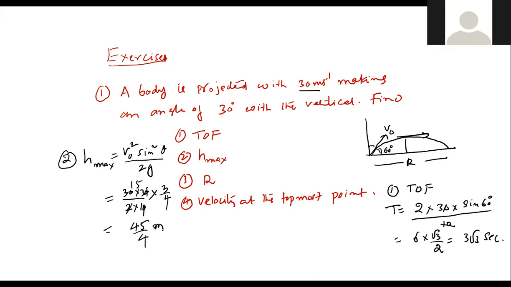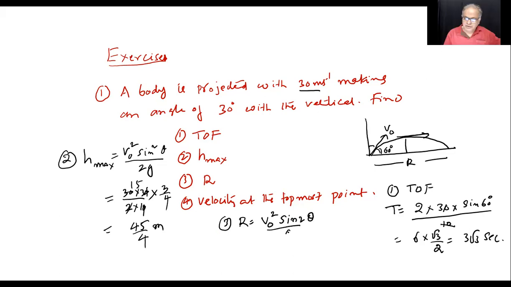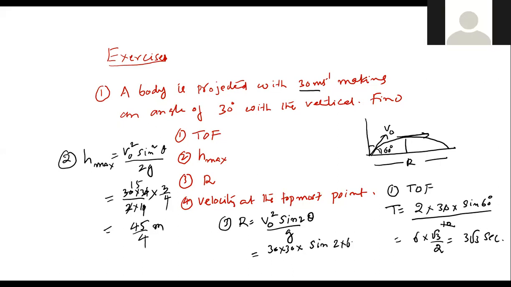Meters. Then third, range R. Tell me. V0 square sine 2 theta by g. Is that correct? So 30 into 30 sine 2 theta.